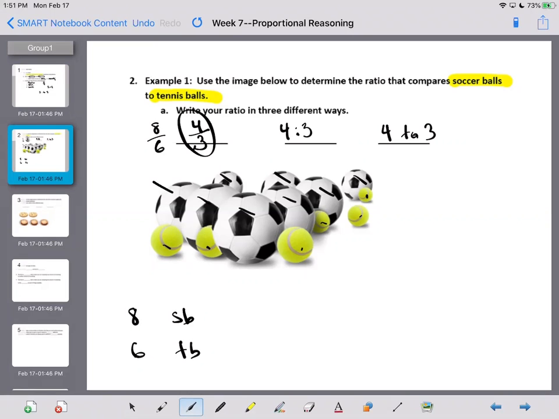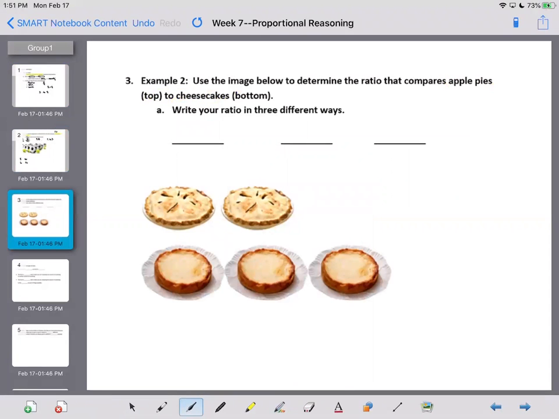Now, if I would have said tennis balls to soccer balls, then we would have reversed those numbers. We would have said 3 to 4, or 3:4, or 3 to 4 in our word form. The next one is we're using the image to determine the ratio that compares apple pies, which is the top, to cheesecakes, which is the bottom. Well, there's 2 apple pies to 3 cheesecakes.